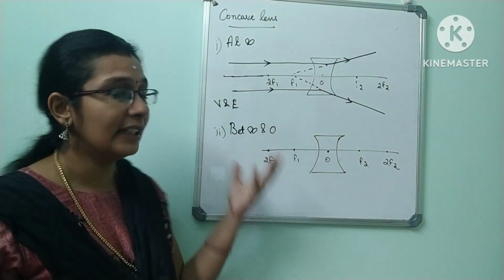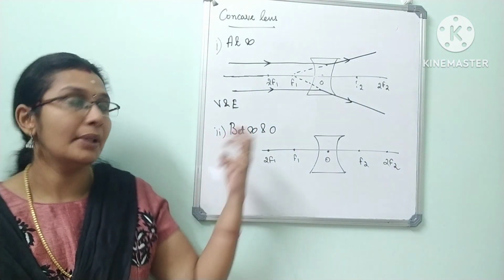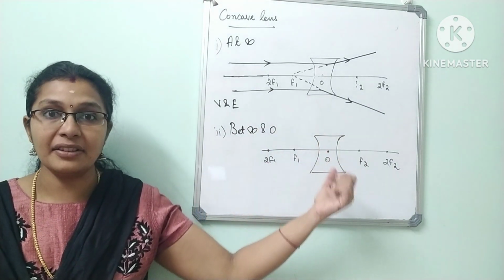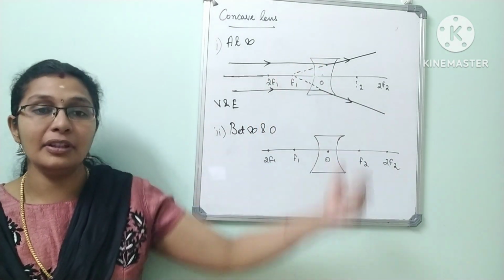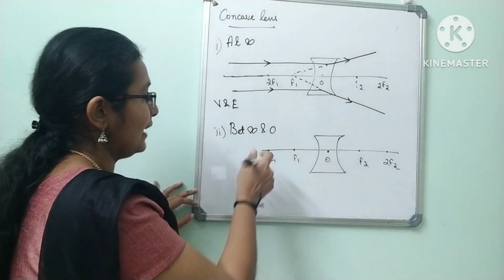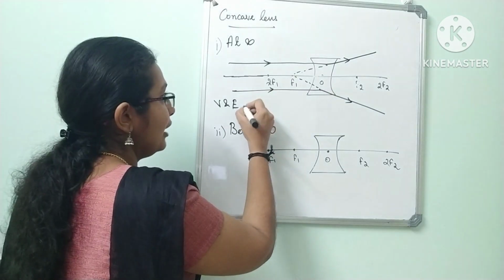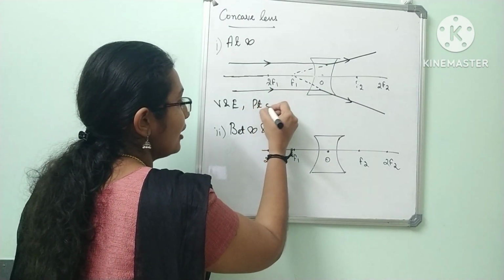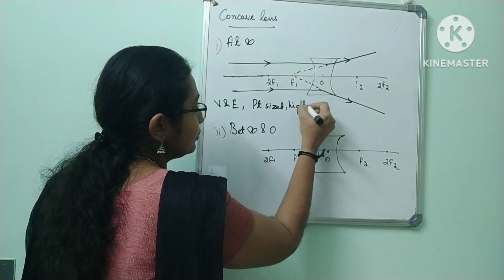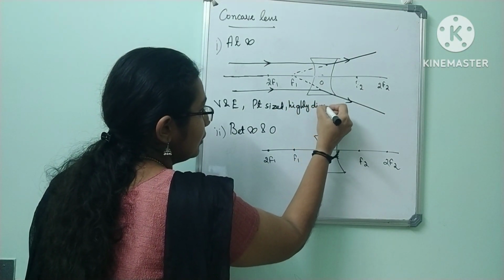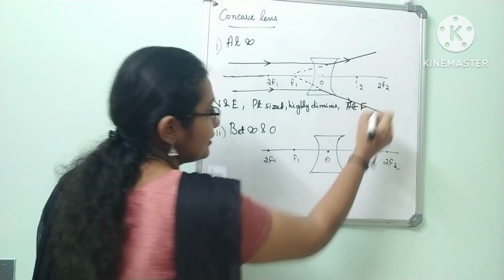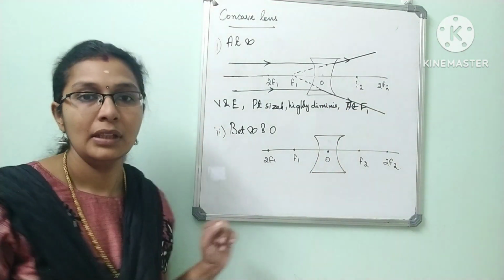So the point is like this: the rays parallel to the principal axis in case of a concave lens, after refraction, appear to diverge from the point of focus, which is on the same side. So virtual and erect, point sized or highly diminished. And where is the image found? At focus, at F1. Clear?